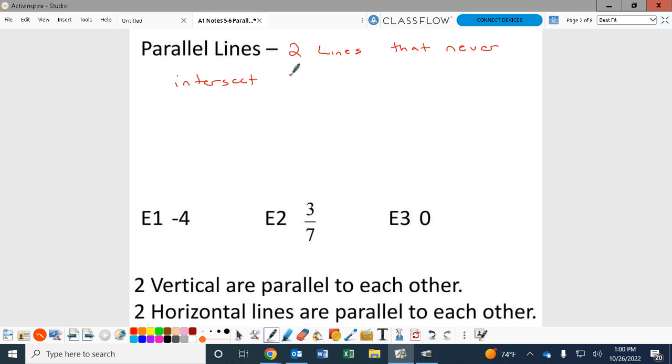They never cross each other, guys, in the same plane. There is another type of lines that never touch each other, but they go like this. Just so you know, you're going to need to learn this in geometry next year. These are called skew lines. They don't touch each other, but they obviously don't run the same direction. Parallel lines go the same direction in the same flat surface.